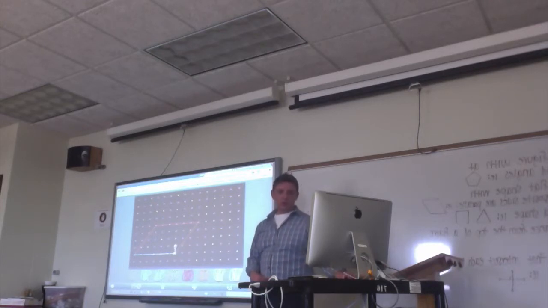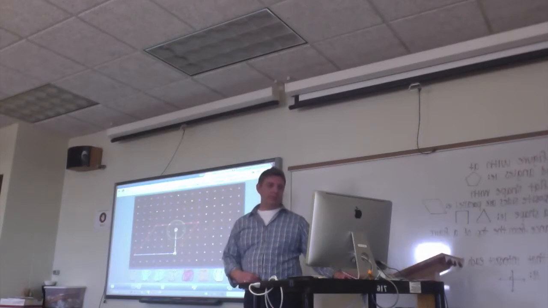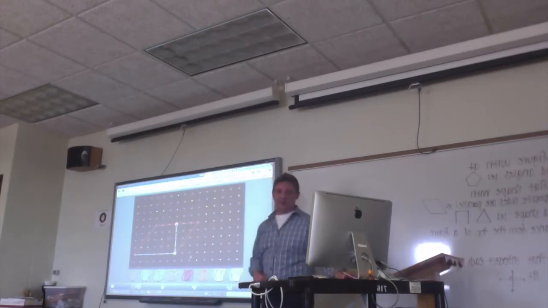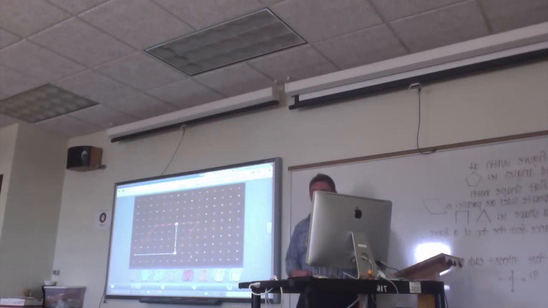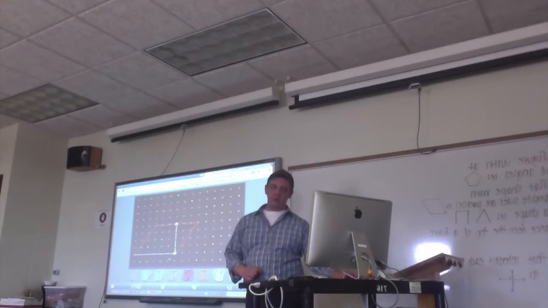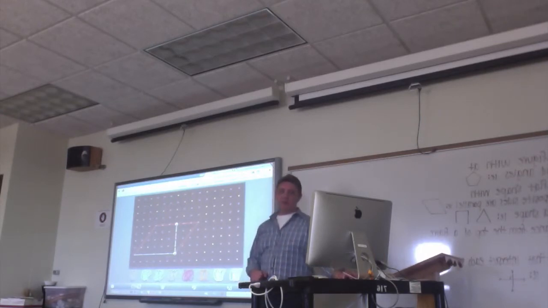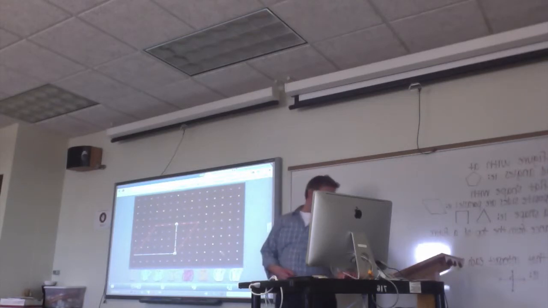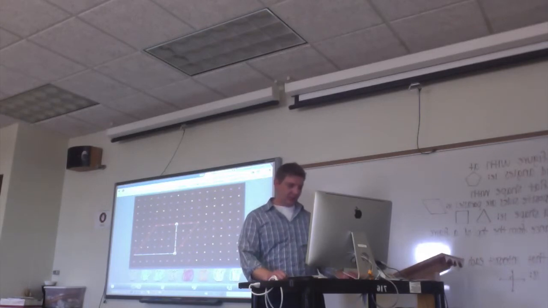The height of the triangle. Same as the height of the triangle there, that 4 right there. So, if we need to find the area of a parallelogram, we do it like a rectangle, but you need to make sure your height is a perpendicular line to that base. That's all that's to it. Let's try a couple of examples here.